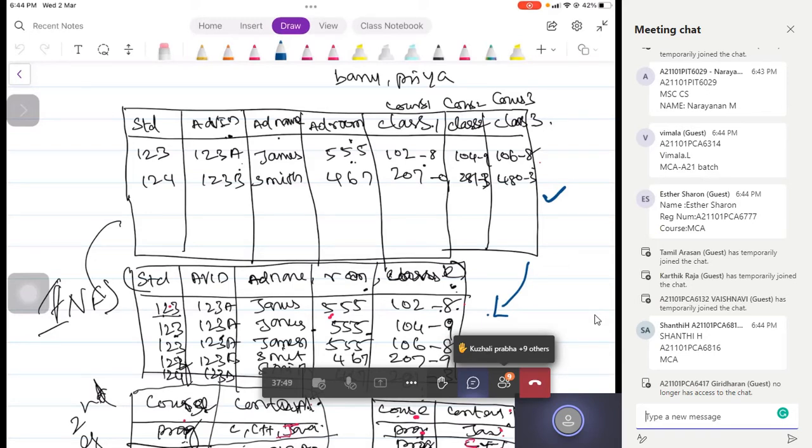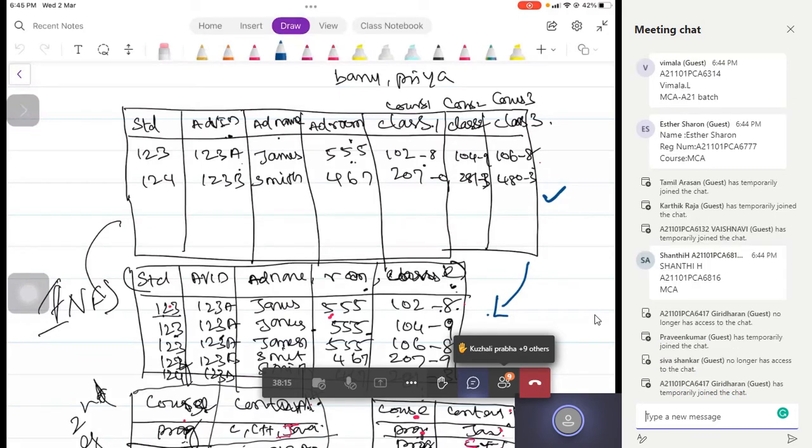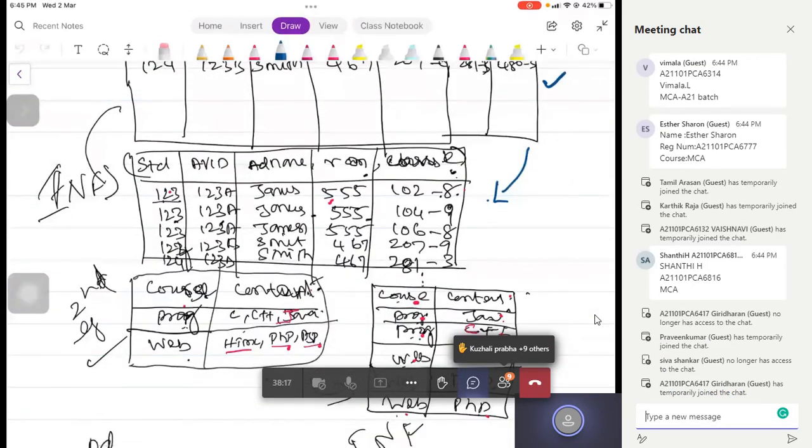So multiple items are present in the relation. How will it be converted into first normal form? See, 123, James, 555, that is advisor name and room, with classes 102.8, 104.9, 106.8. So 123 itself has 3 columns; it becomes 3 rows. Likewise, you have to split it.